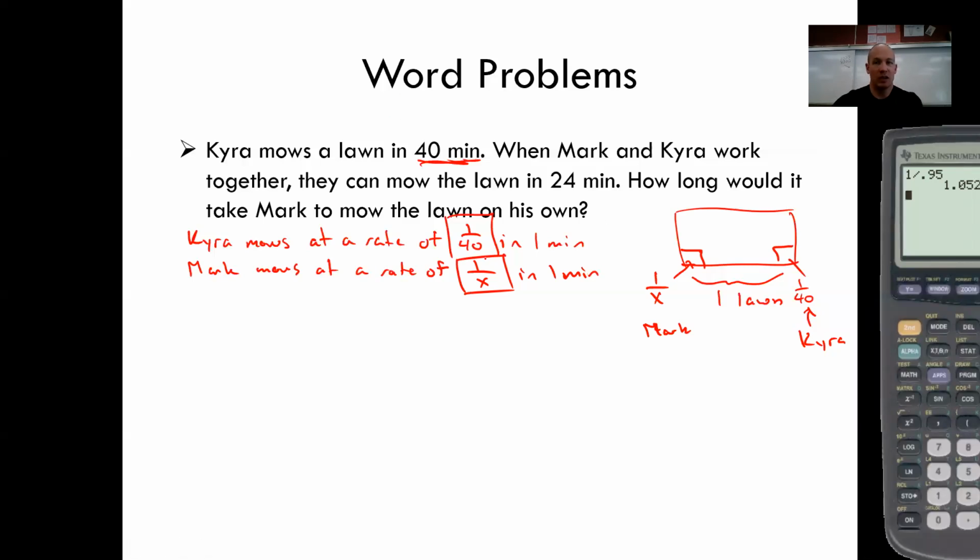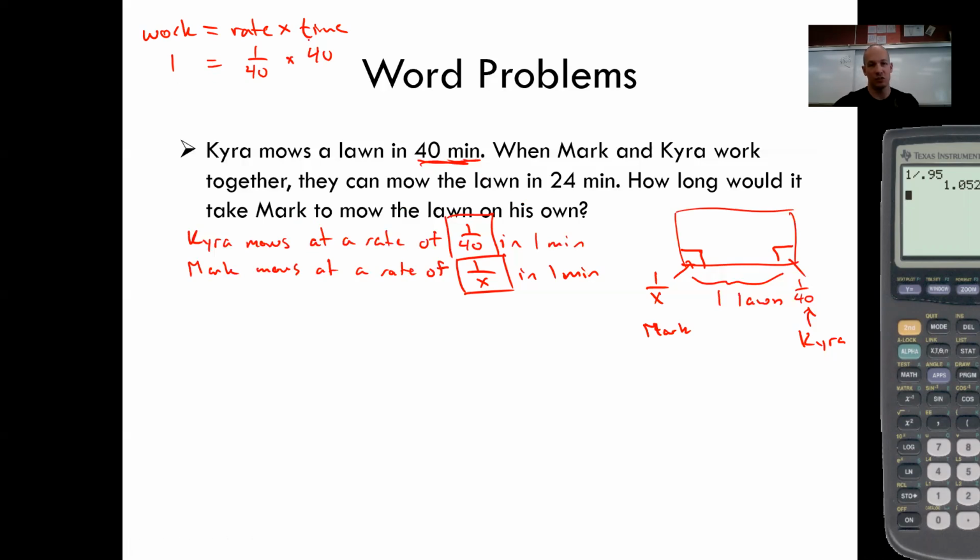So in general, we have a concept here. The concept is that the work you do is equal to the rate at which you do work times the time that it takes. So if you do 1/40th of the lawn and you take 40 minutes, you get 1 lawn mowed.